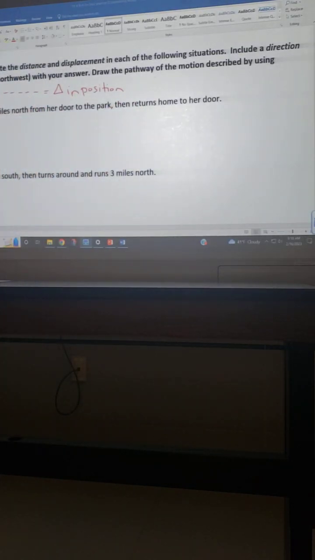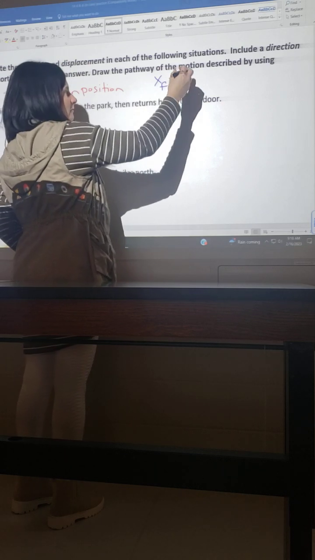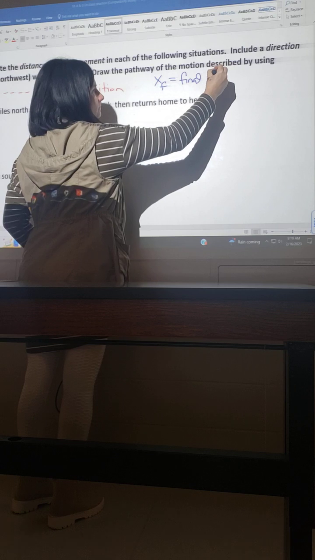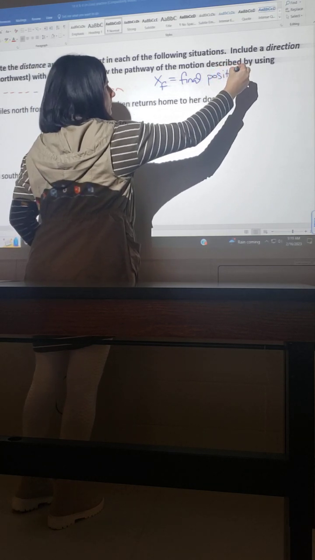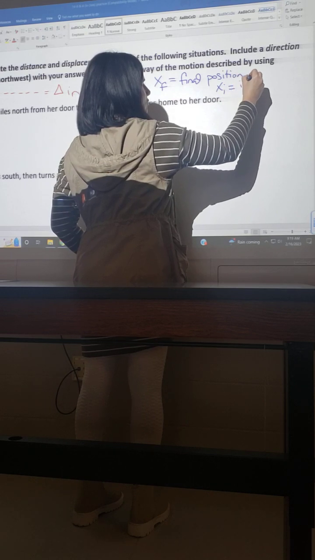The other thing I want you to write at the top of your paper is XF, with that little subscript F, is your final position. And XI is your initial.